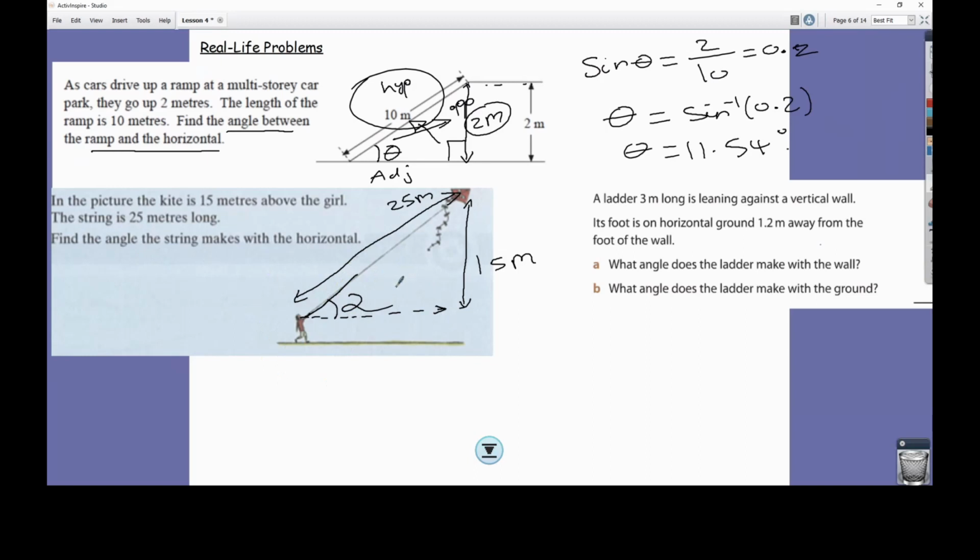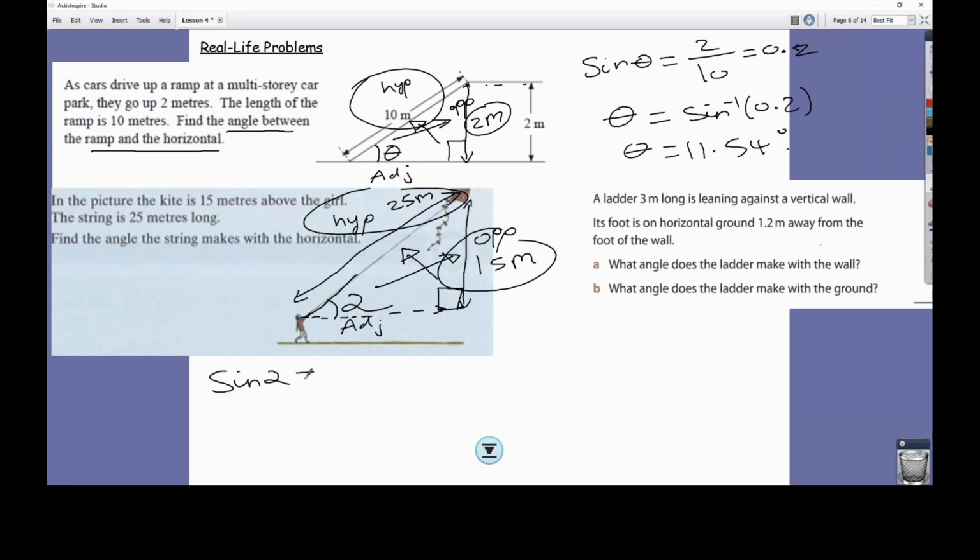Easy enough. I can just say, right, let's label it. Vertical and horizontal always at 90 degrees. Right, that is my hypotenuse. That 15 meters is my opposite, and the other side would be my adjacent. So I've got the hypotenuse, I have the opposite. So that means I can use sine.